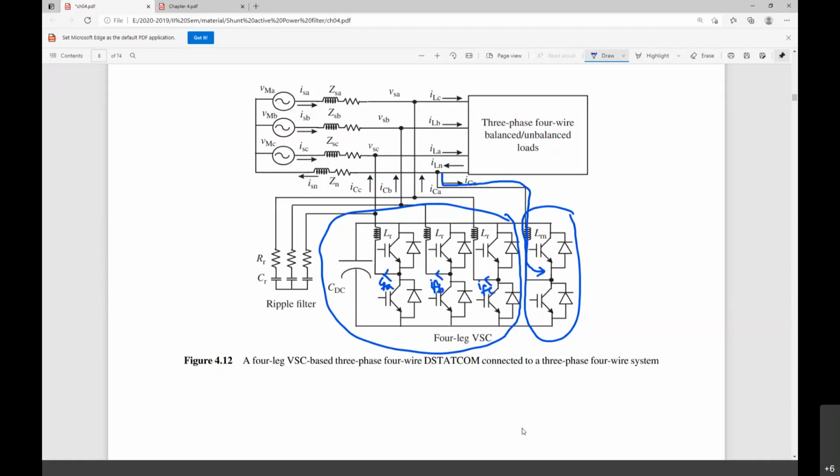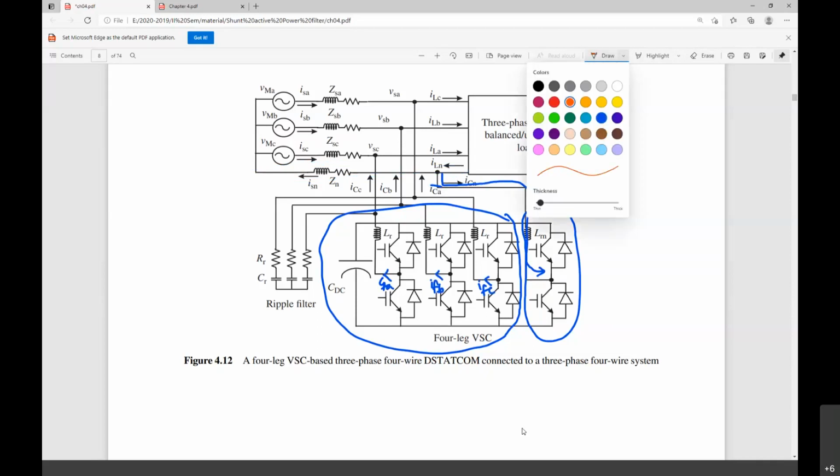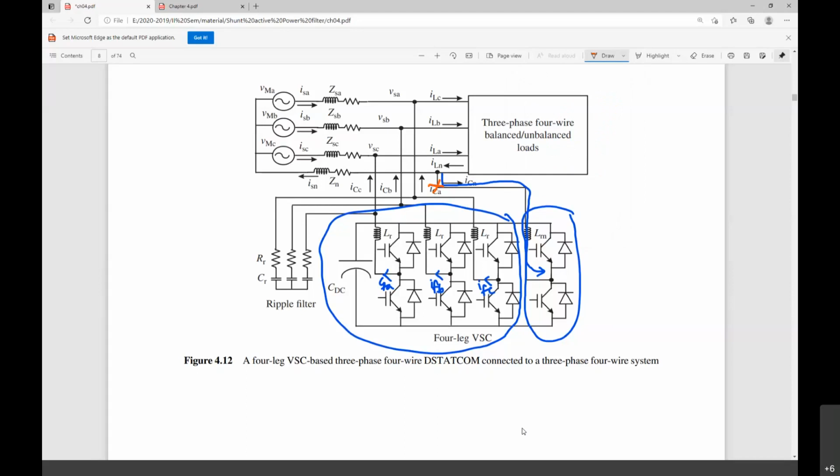If there is no neutral, let us assume there is none, then the neutral current flows over here and circulates through phase A, phase B, and phase C. In that case, the ISA, ISB, and ISC currents are unbalanced.